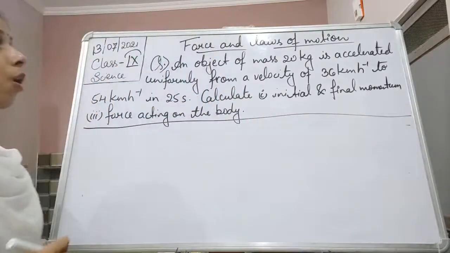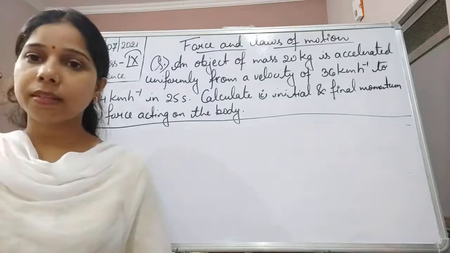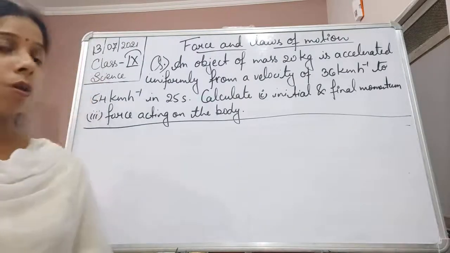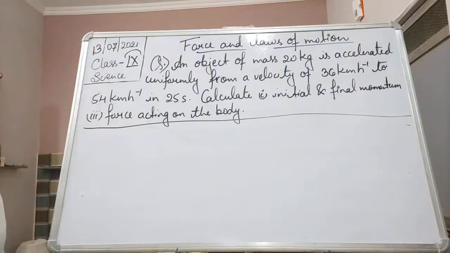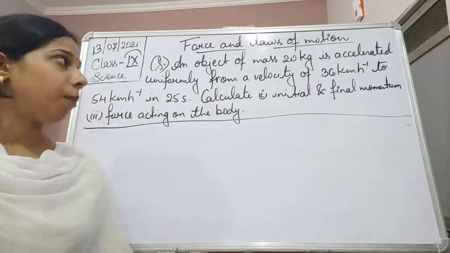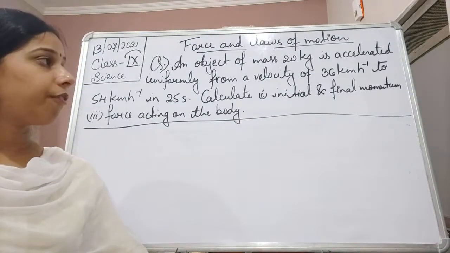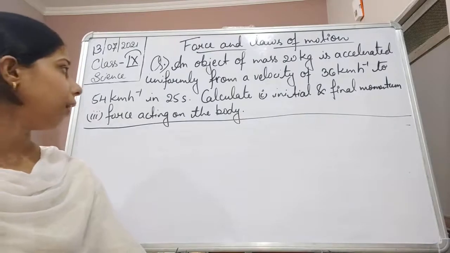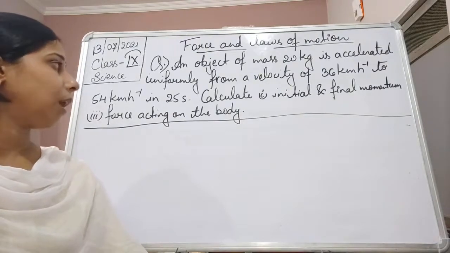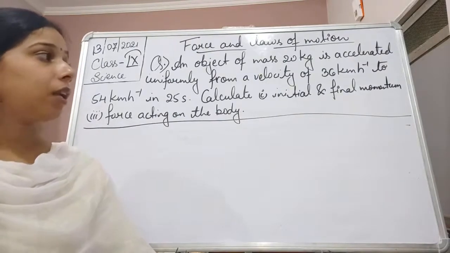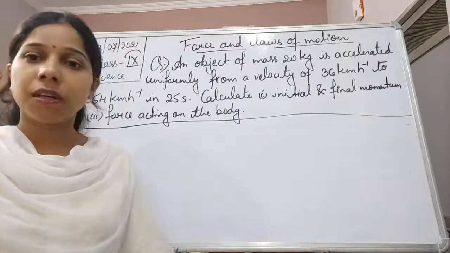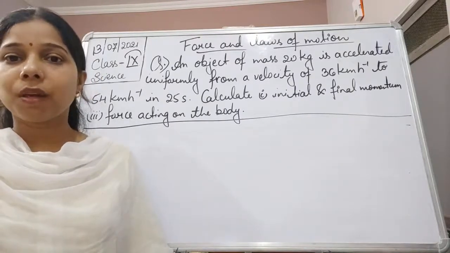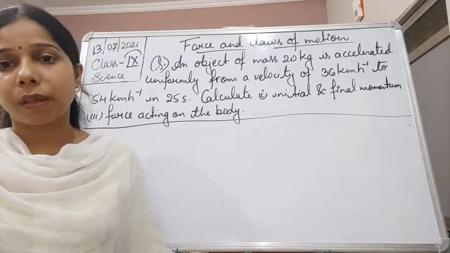So see here, the question is, an object is there which has a mass of 20 kg and it is accelerating uniformly from a velocity of 36 km per hour to 54 km per hour in 25 seconds. We have to find the initial and final momentum as well as the force acting on the body.